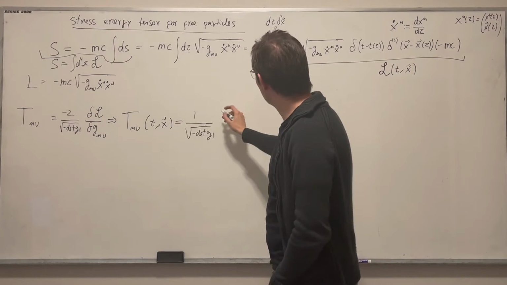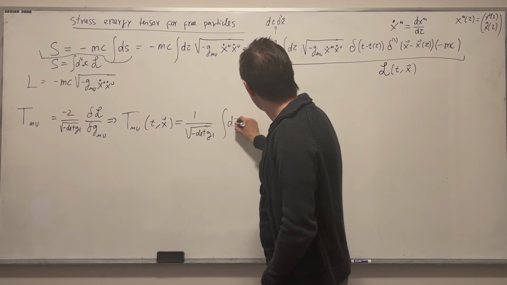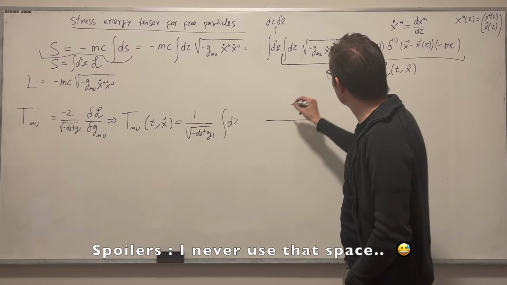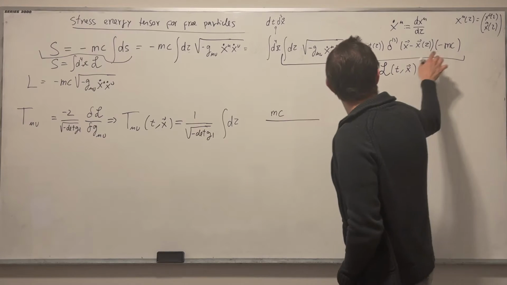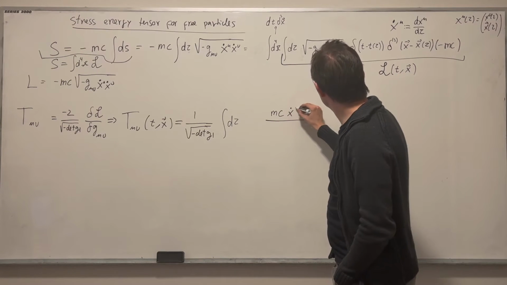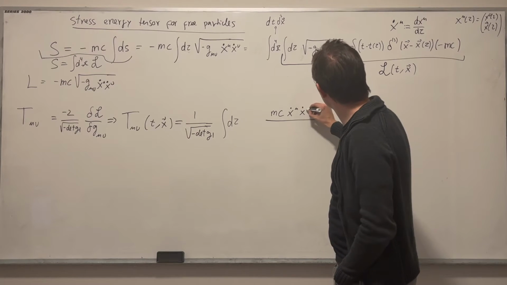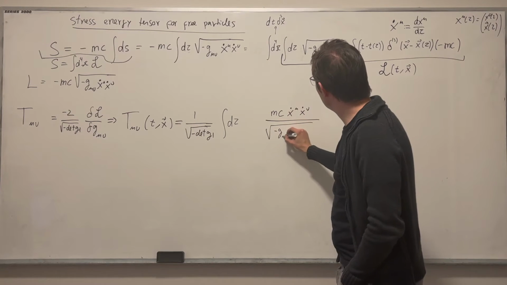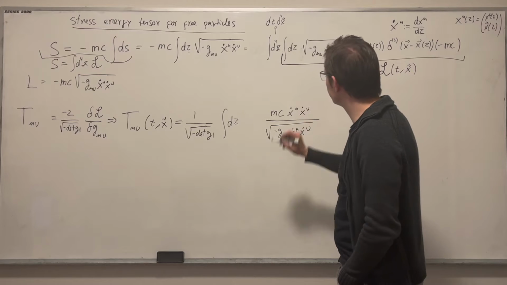So what you get here is the integral with respect to tau. I'm going to leave some space here because I'm going to write something, and I have a fraction here, and the fraction would have an m and a c from here, x dot mu x dot nu, all right, and then the square root of minus g mu nu x dot mu x dot nu.